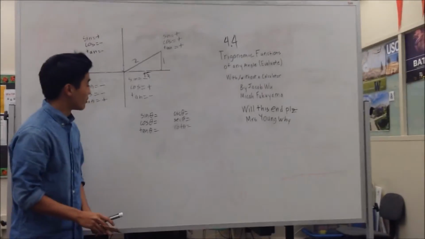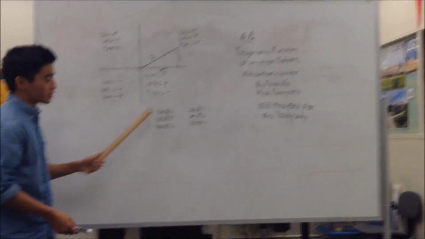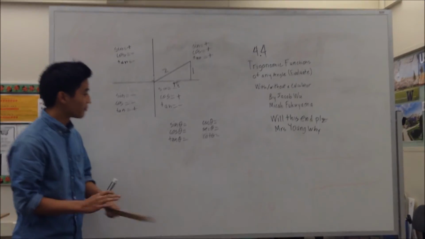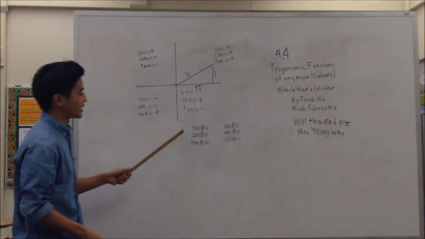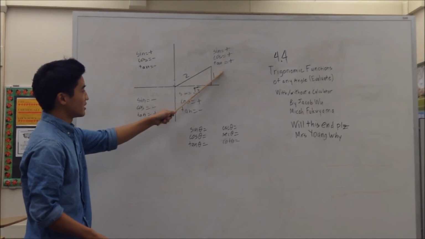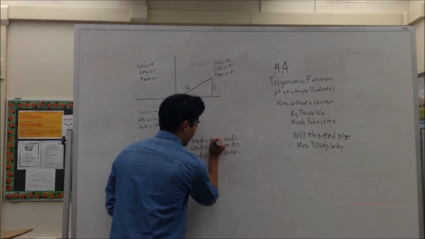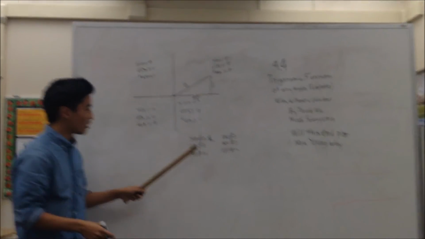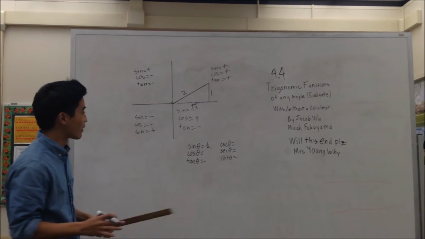Now that we know what the ratios are in a right triangle, we can get to solving our trigonometric functions right here. Now that we know that sine is opposite over hypotenuse, all we have to do is take our reference angle right here and find opposite over hypotenuse. So, sine of theta is going to be 1/2. For cosine of theta, it's adjacent over hypotenuse.